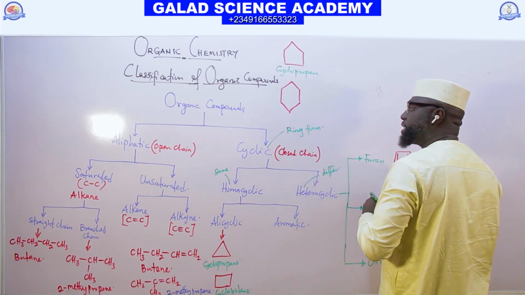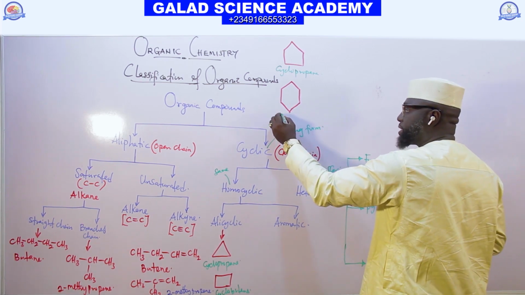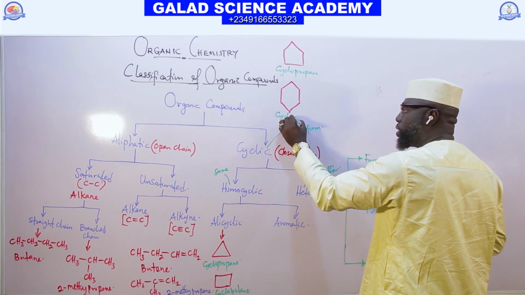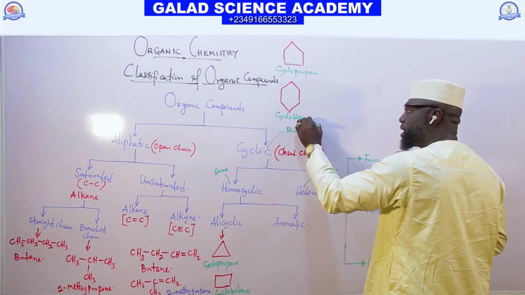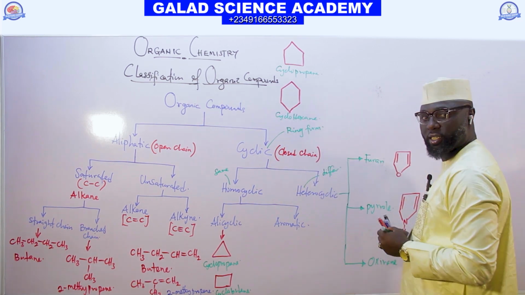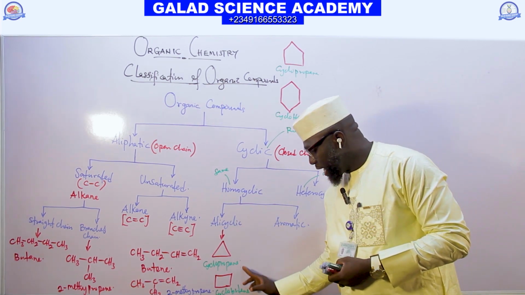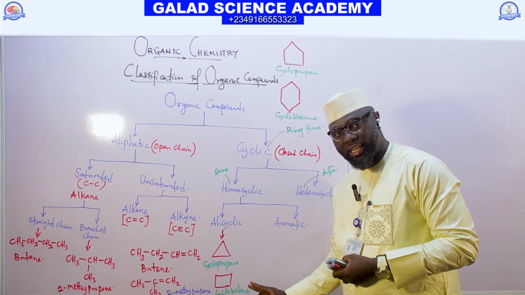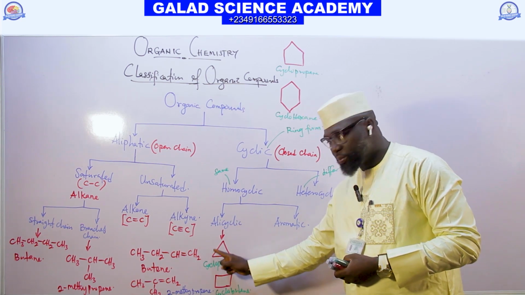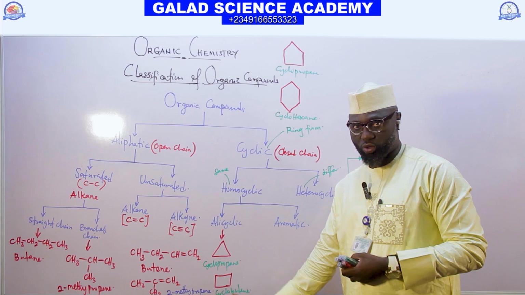Six is hex, so cyclohexane. So all these compounds are called alicyclic. They have carbon-carbon single bonds throughout.